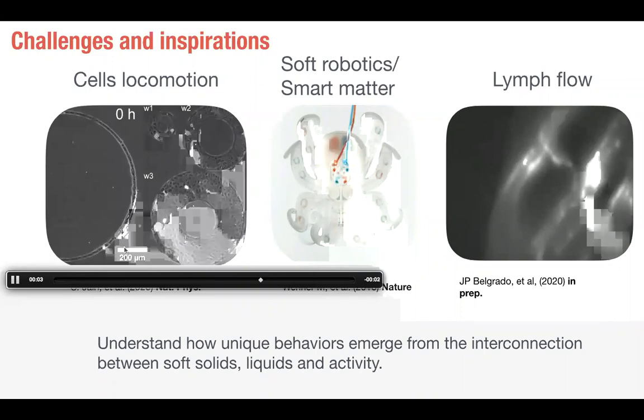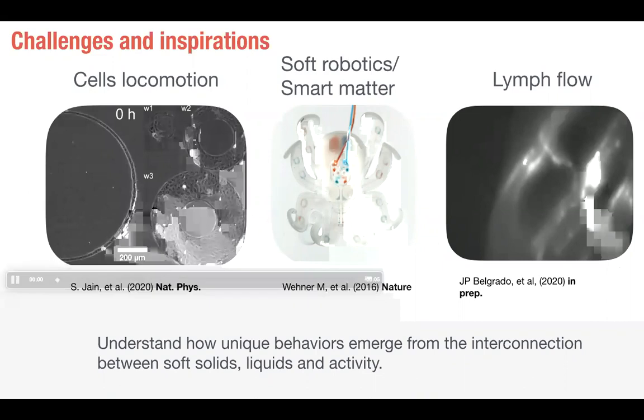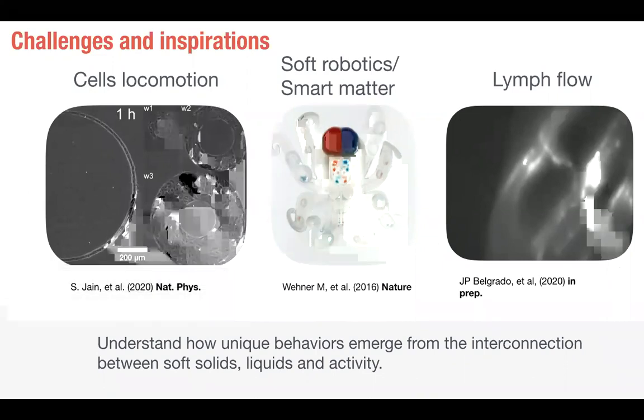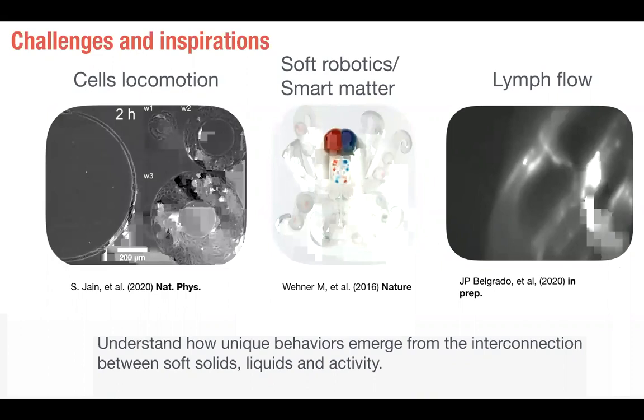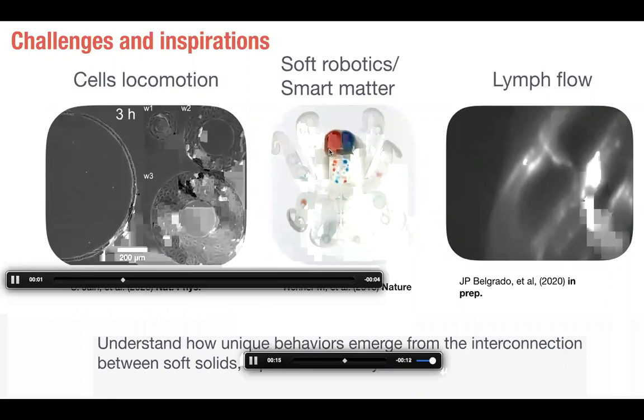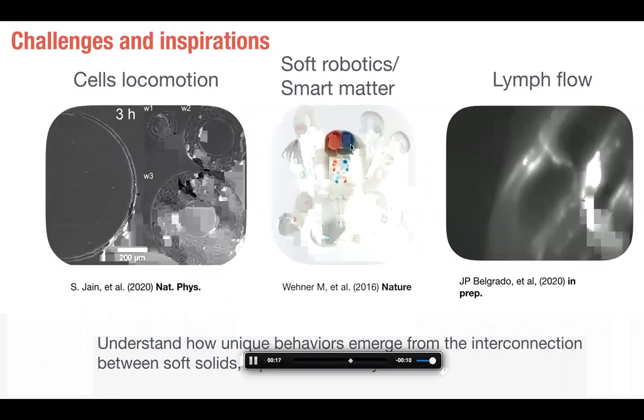And one of my favorite examples is the soft robot that you can see here. It looks like an octopus. It's an artificial octopus, one of the first soft robots that was able to move by itself, independently of external controls. And the way it goes is that people here fill a reservoir with liquid, red and blue.